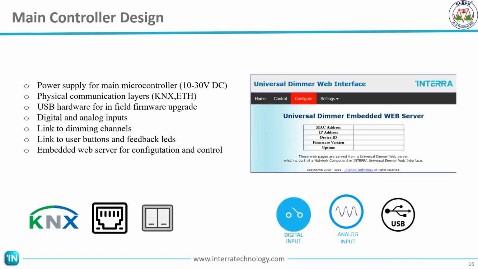What we have on this board is power supply for the microcontroller, physical communication layers, USB hardware for the firmware upgrade, digital and analog inputs, links for dimming channels, links for user button and feedback LEDs, and an embedded web server for configuration and control. This is a firmware side actually.